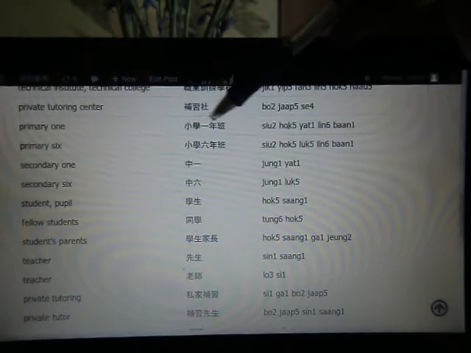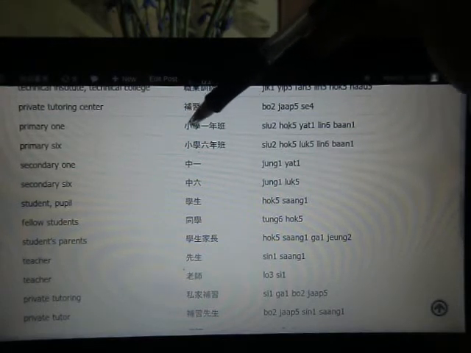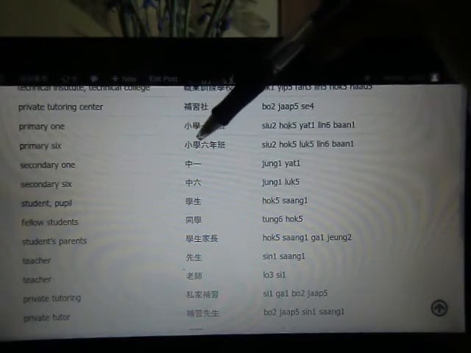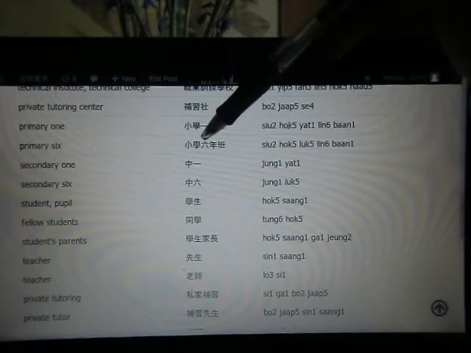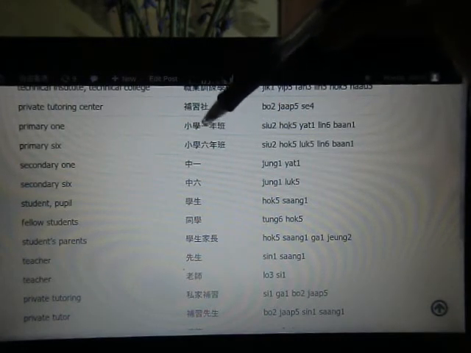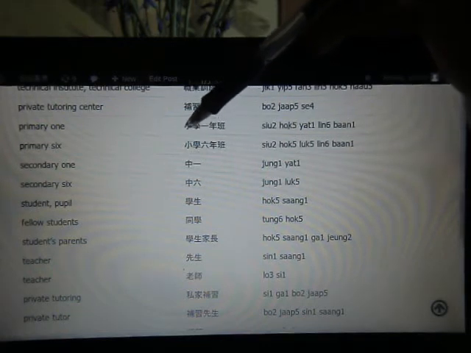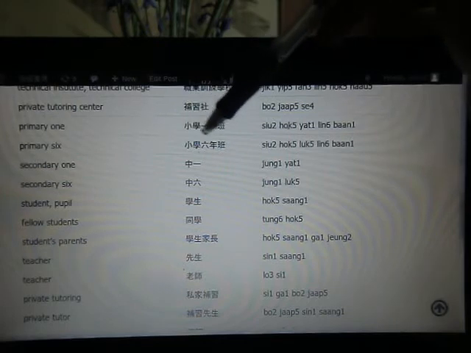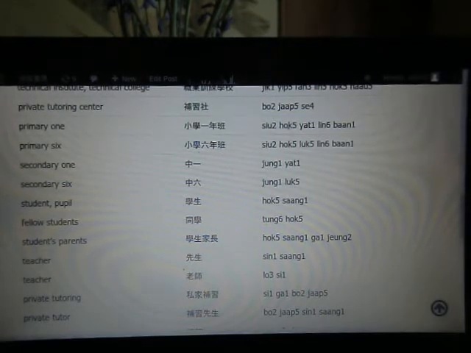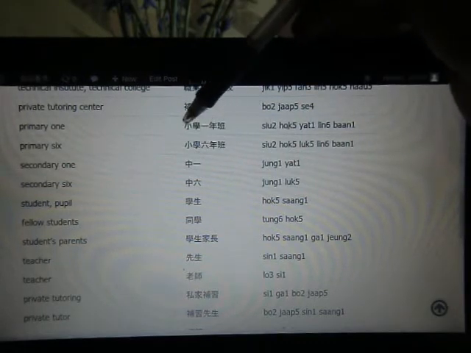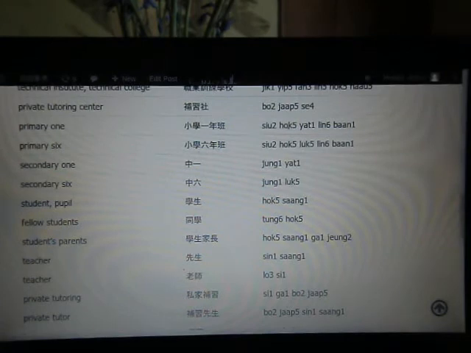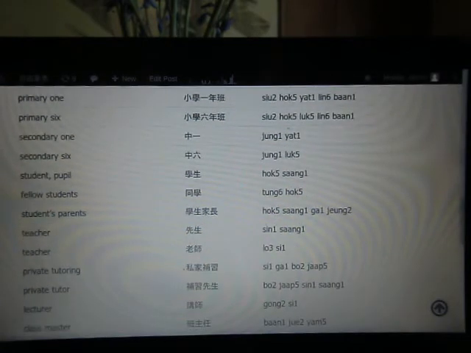The first year class. 小學一年班, 小學二年班, up to 小學六年班. And then sometimes you can abbreviate by saying 小1 or 小6. So instead of using the full name, 小1 小6 is also correct.